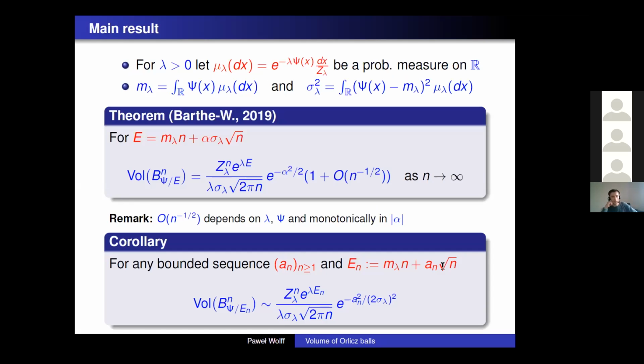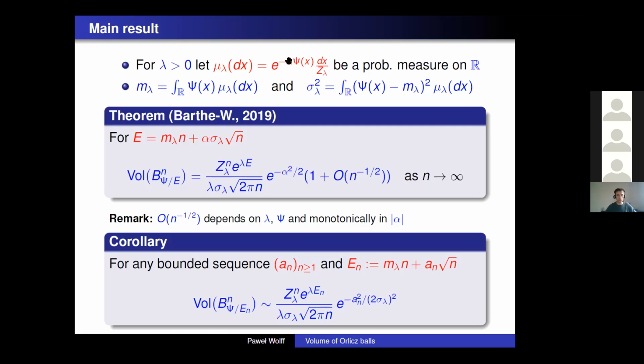Okay, so let's formulate the main result. To this end, I need some notation. Let's fix some parameter lambda positive, and let's consider a probability measure on R defined in this way, where Z lambda is a normalizing constant.